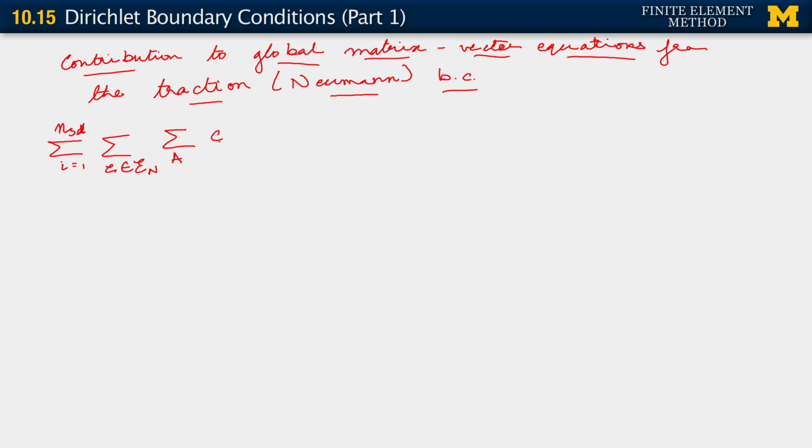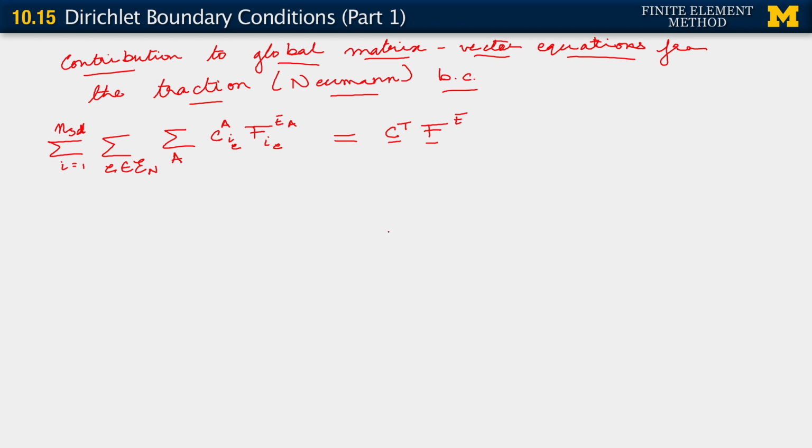We have here C, A, I, E, F, T bar. We have the A index there, the I index there, and the E index here. What I'm going to tell you in one fell swoop is that this is going to show up as C transpose F T bar, globally.